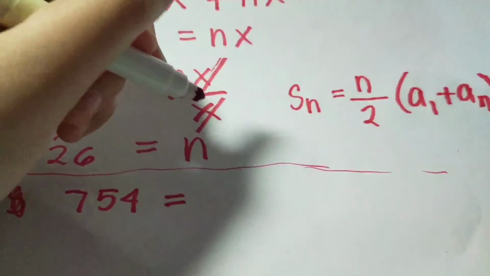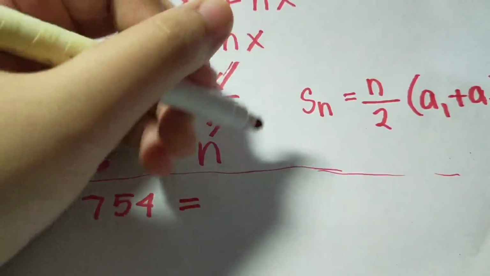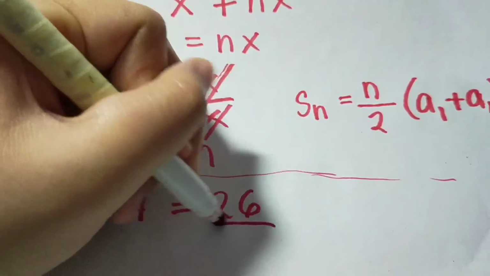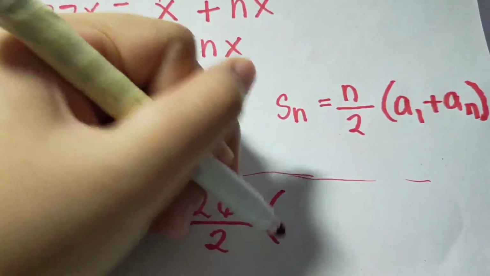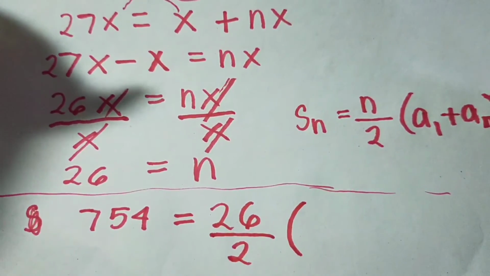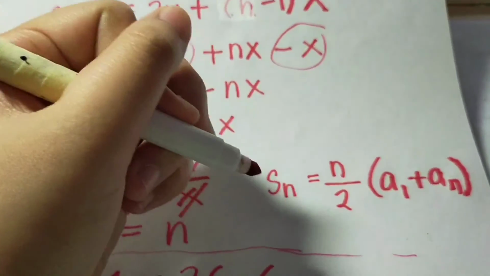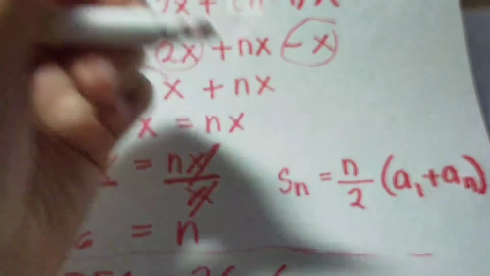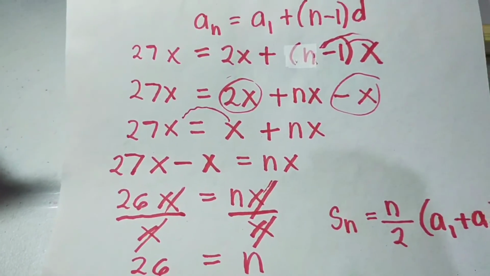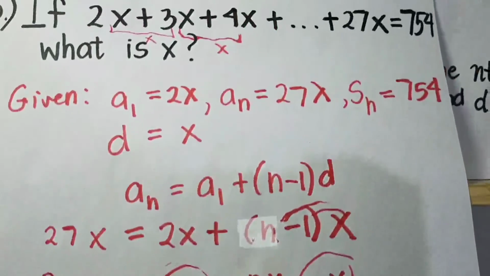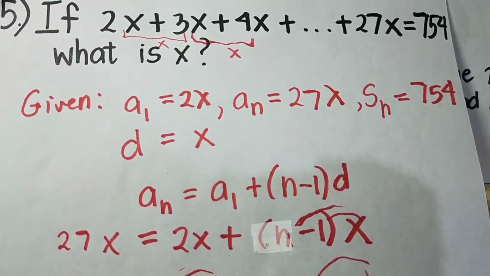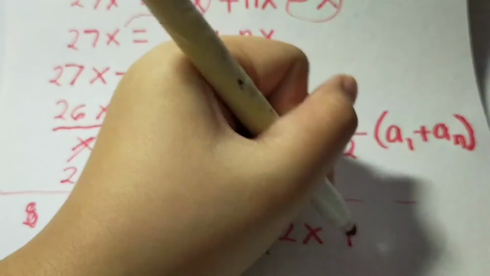And yung n natin ay 26 over 2 times yung ating a sub 1 ay 2x plus a sub n. Ano ang ating a sub n? Yung a sub n natin ay 27x from the given.